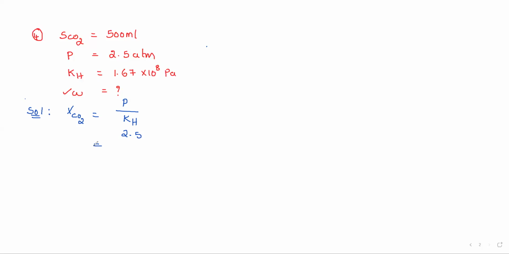So here I am writing the value of 1 atm, 1.013 into 10 power 5 pascals, and I'm going to substitute it here instead of pascal. So 1.013 into 10 power 5 upon Henry's law constant, you already have in the data, 1.67 into 10 power 8. Okay, so you can simplify this.